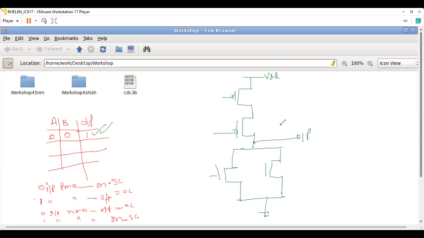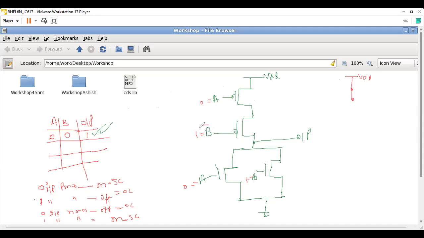Now, in case of any other input, this is A, this is B, this is A, this is B. Now, if I have, let me say, the other value after 0, 0, I have A equals 0, B equals 1, A equals 0, B equals 1. How will this circuit behave? You have VDD over here. This first PMOS is 0, it will behave as short circuit.